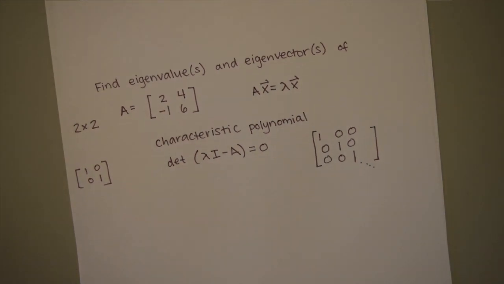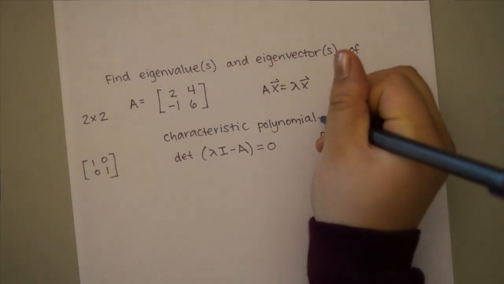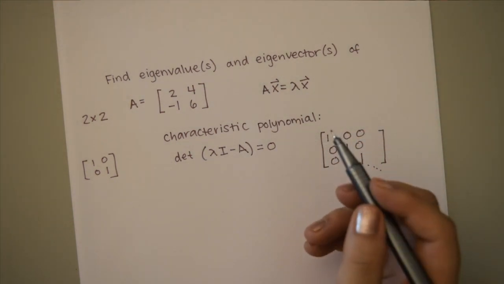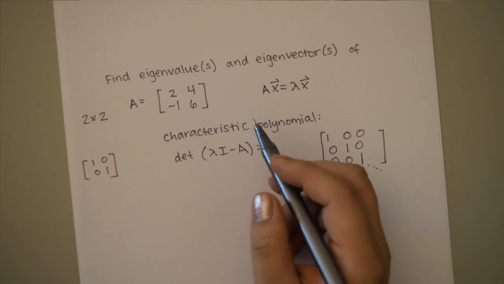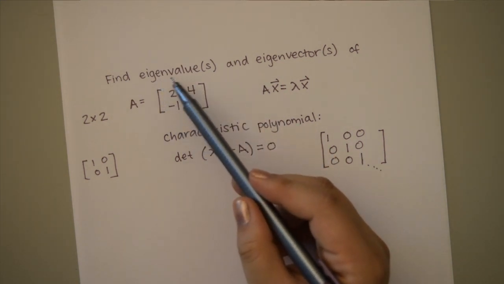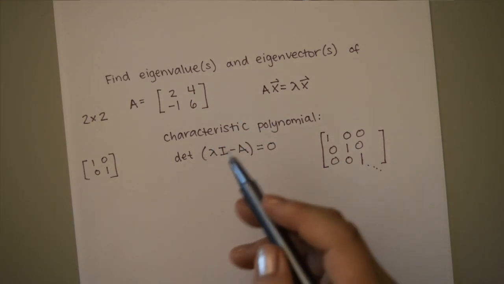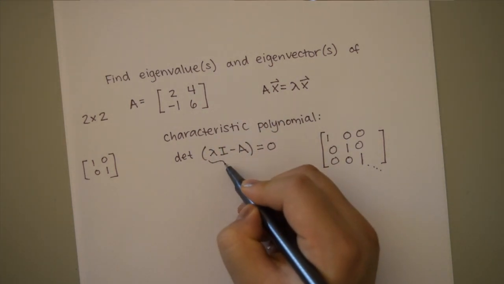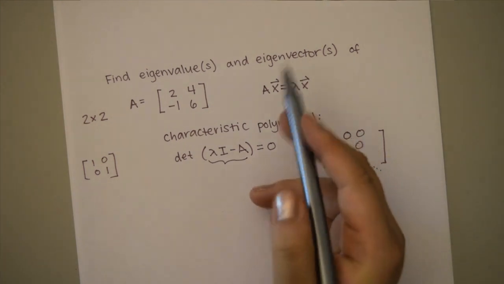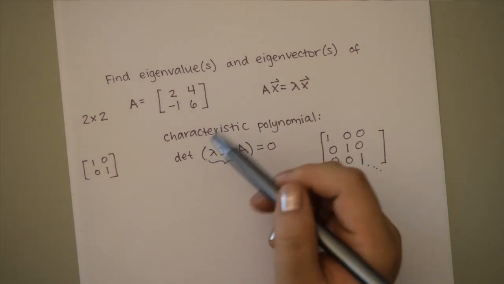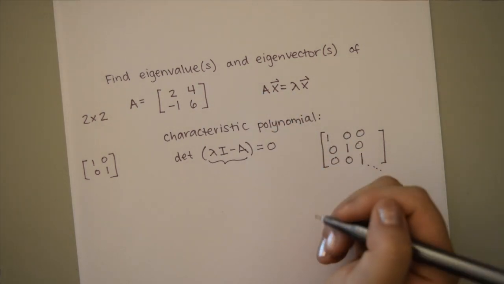Okay, so the characteristic polynomial is going to give us the polynomial that we're going to solve to find lambda, to find our eigenvalue or eigenvalues. So we just need to figure out what this matrix is, just using this formula in our matrix, and then find the determinant of that.